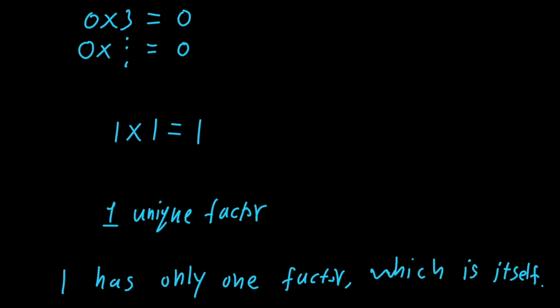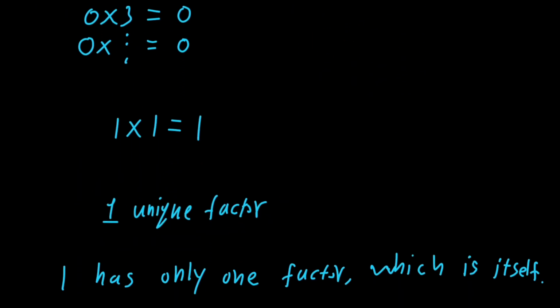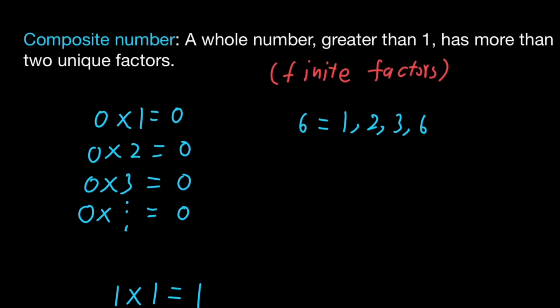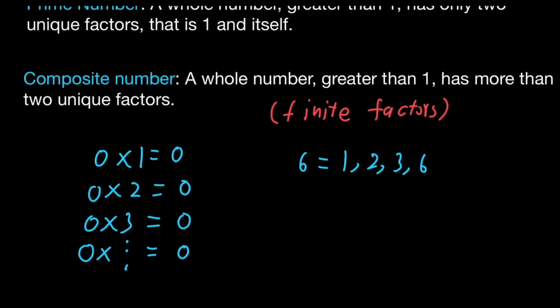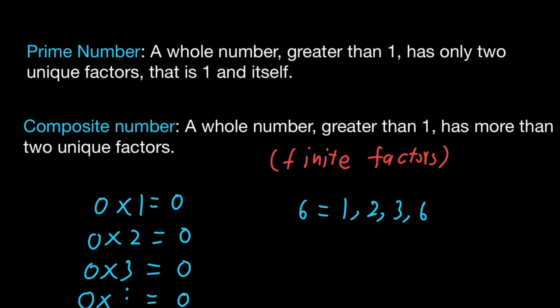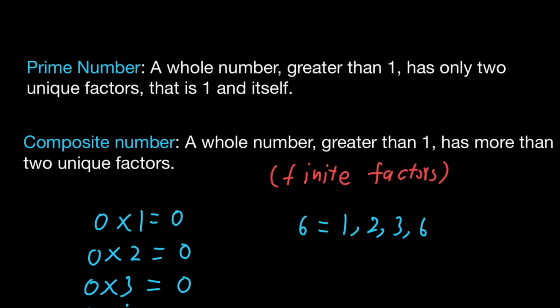But in this case, we only have one unique factor. So again, it's not a composite number either. And that's why the definitions state greater than 1, which means prime or composite numbers start from 2, not including 0 and 1.